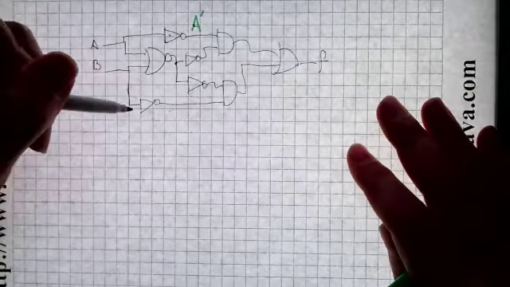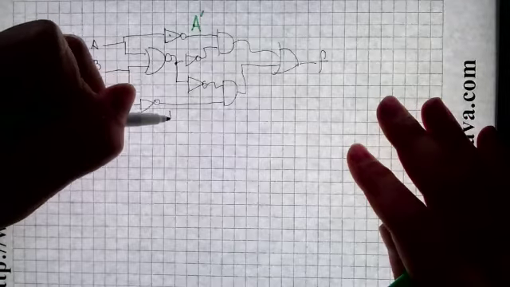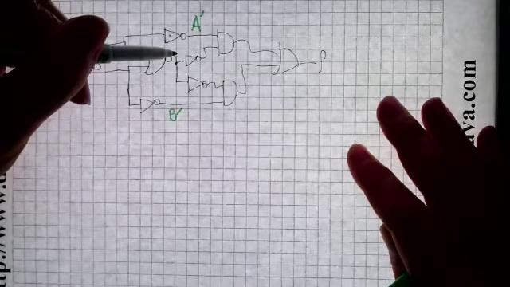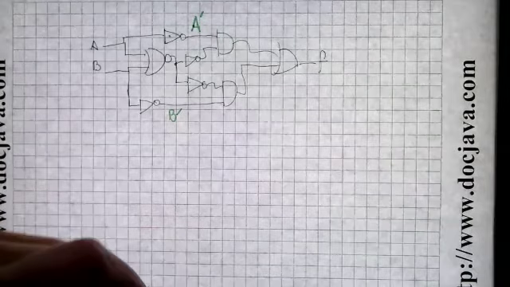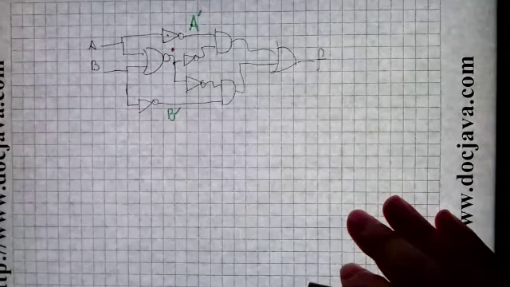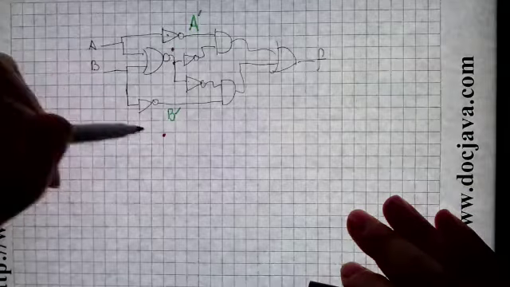What's going to come out over here, do you think? Would it be B prime? There you go. And what do you think would come out? I'm changing colors just to make things nice. What comes out over here? Would it be not A and not B?